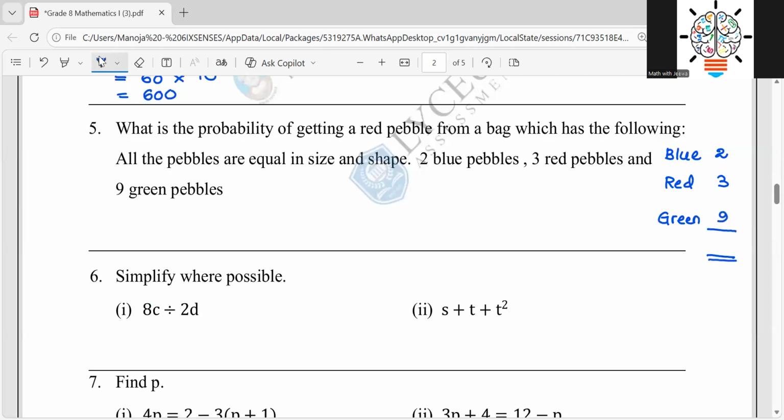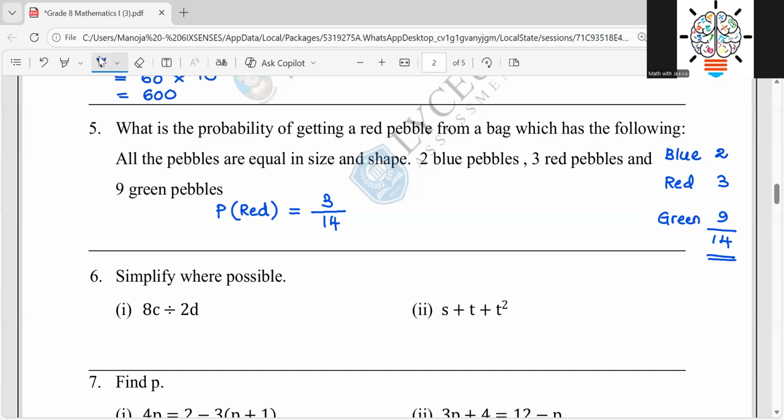So then when you add them together, 2 plus 3 plus 9, you have 14 pebbles altogether. What you want to find, the probability of getting a red pebble. So then you write the probability of getting the red pebble. Out of 14 pebbles, you have only 3 chances of getting the red pebbles.